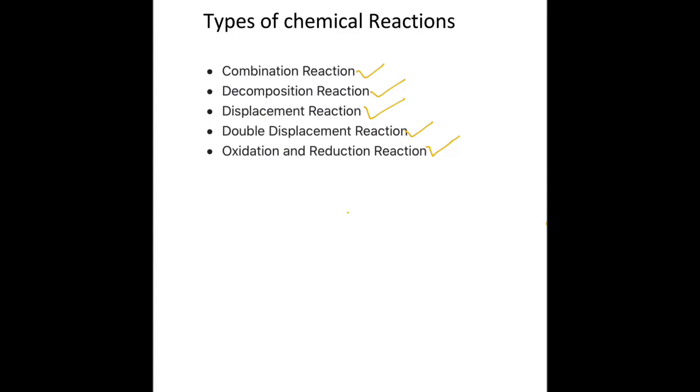Let's say an element A is reacting with B. The product formed is AB. Here I can say that A is combining with B to form AB.